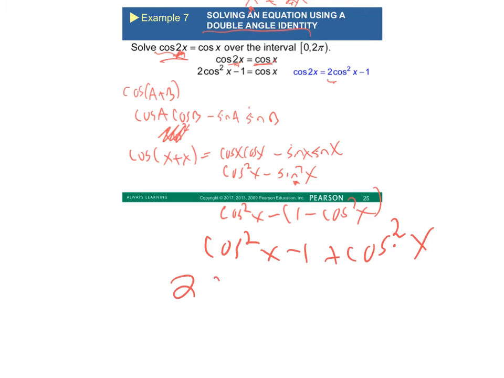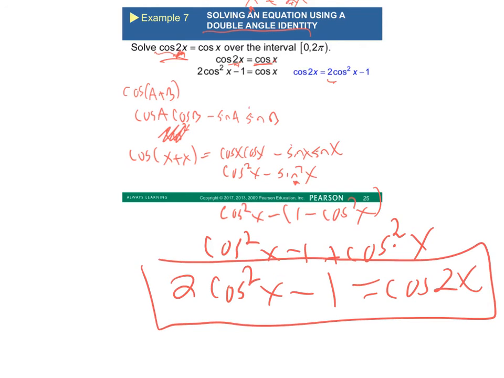That's 2 cosine squared x minus 1 will equal cosine of 2x. So that's the one he's using. Again, we could derive it every time we need them or memorize them. Questions? Of course you have questions, but if you don't send them to me, I can't answer them.